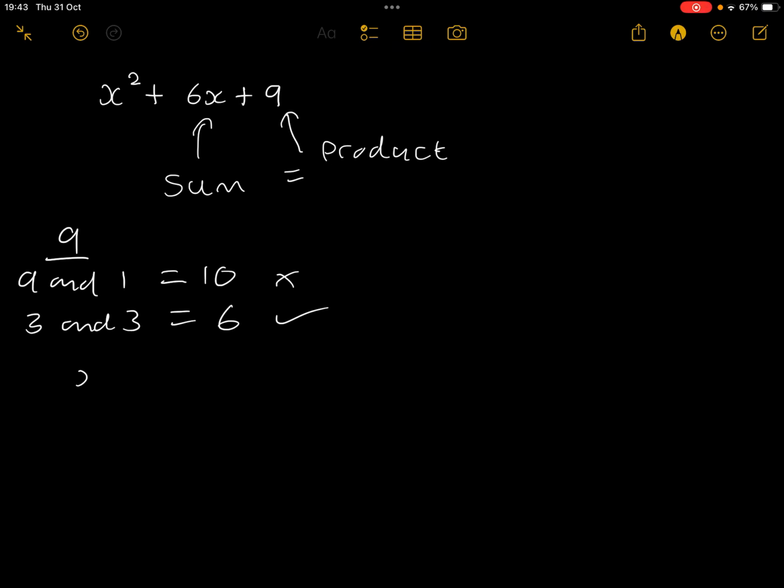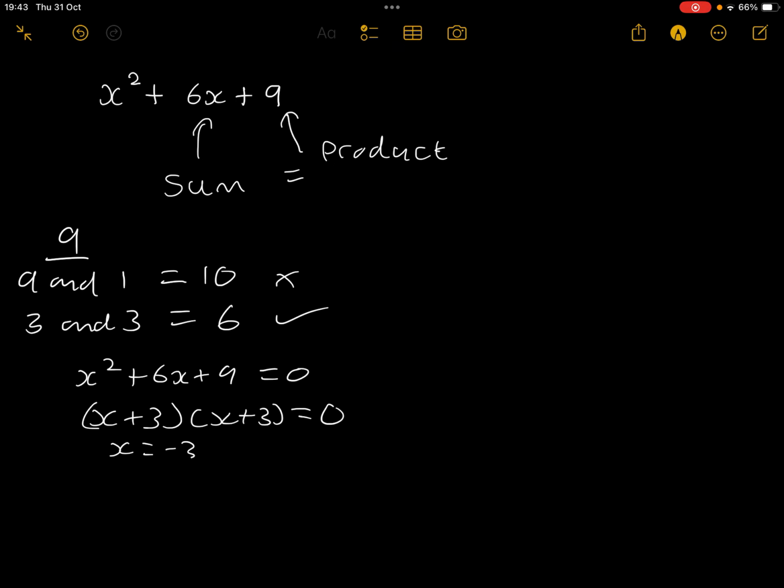So in order to write this in the appropriate form, the question would say x squared plus 6x plus 9 equals 0, so we would say (x + 3)(x + 3) equals 0. So what this means is our two factors, x equals minus 3, x equals minus 3. Obviously they're the same, so we can just cancel one out. So what we've got there is our solution, which we got by simply setting x plus 3 equal to 0.